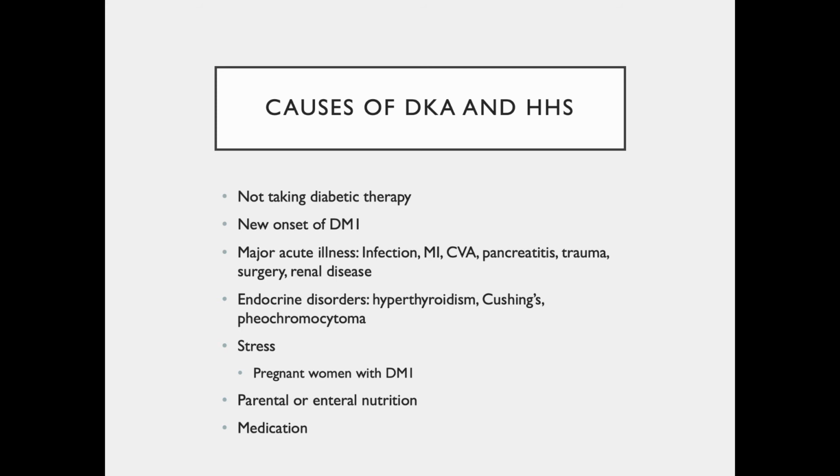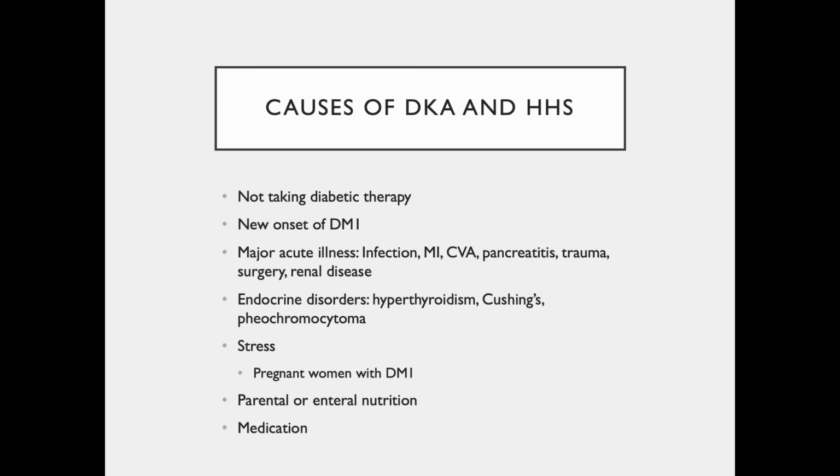So what are the causes? Well, oftentimes, as I mentioned, this is the presenting symptom for type 1 diabetes. So somebody has diabetes but doesn't know it until they end up with DKA at some point, and they're in the intensive care unit and we're taking care of them. We also see DKA and HHS when somebody is generally controlled as a diabetic, and then something awful happens.